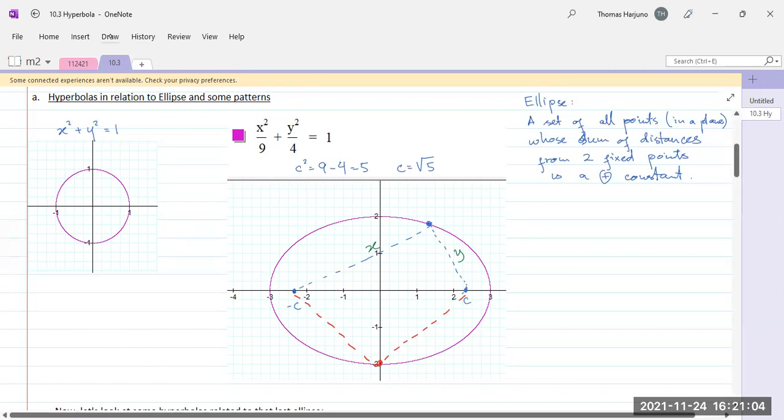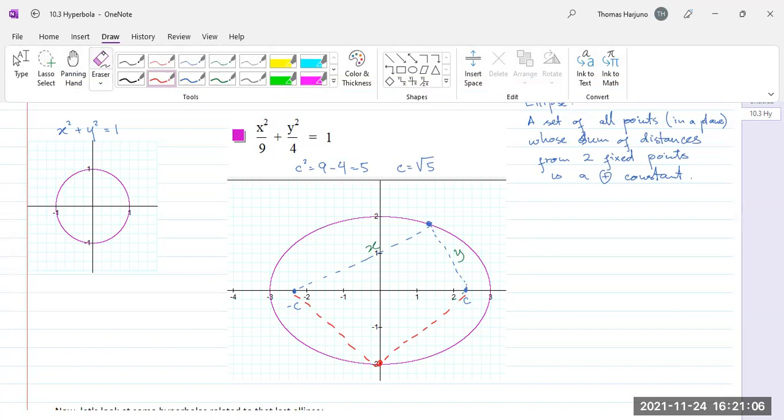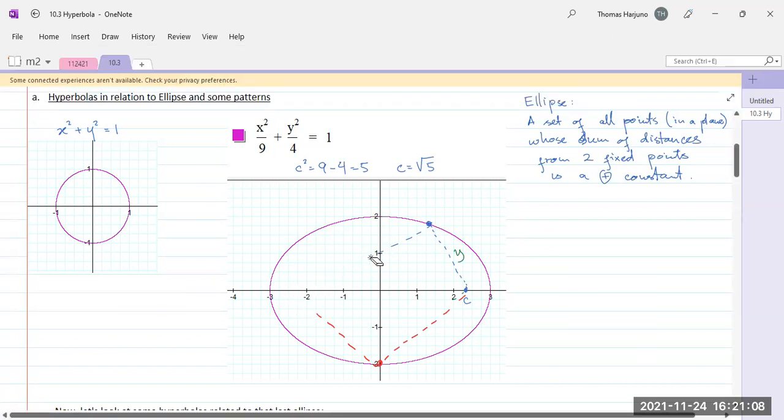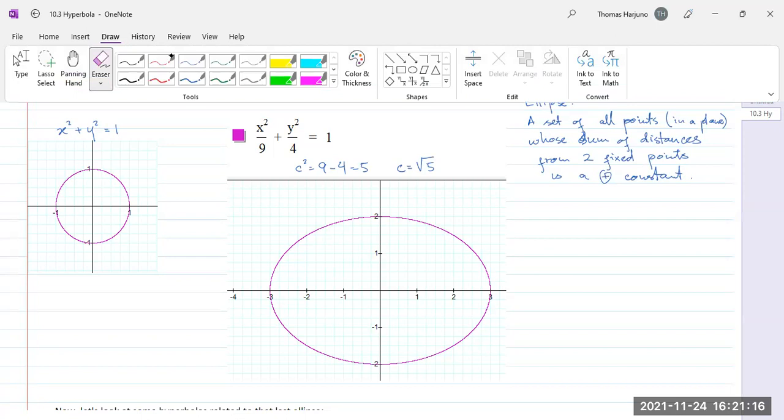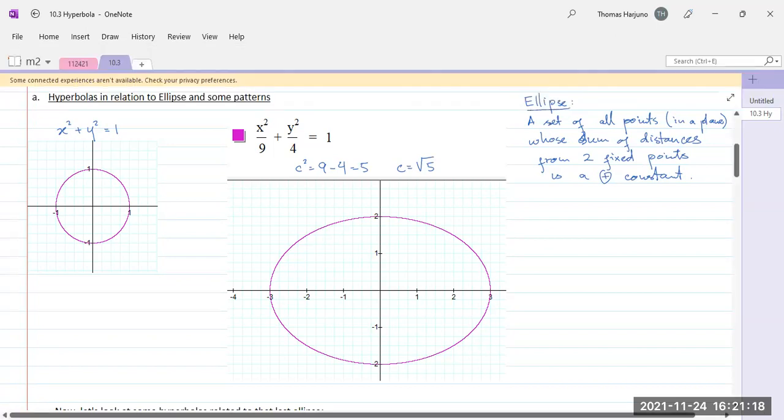an ellipse formally. However, we can also define an ellipse in a slightly different way.